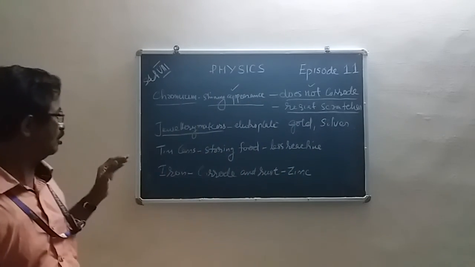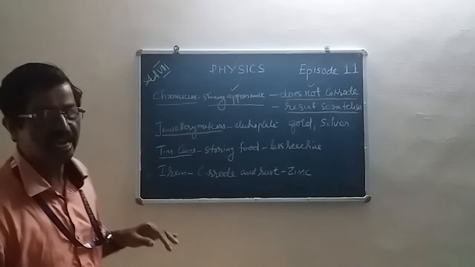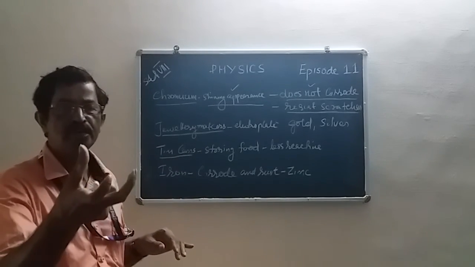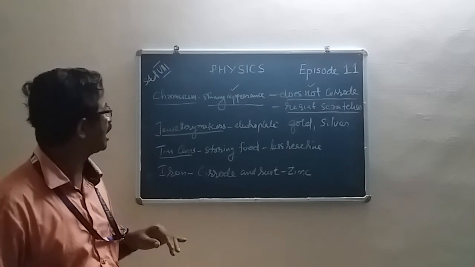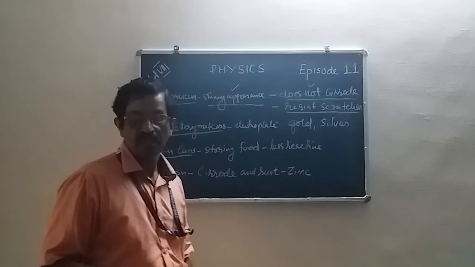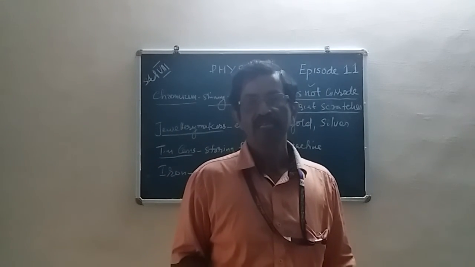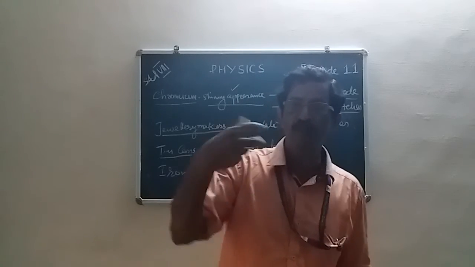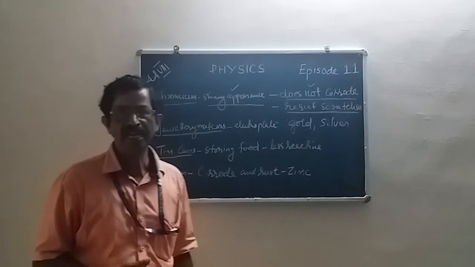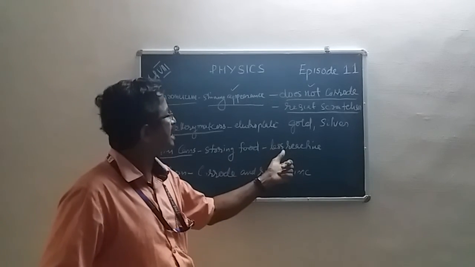Another one is that to store food, we use tin cans. What is the advantage of storing food in tin cans? When it is electroplated with tin, this tin is less reactive.